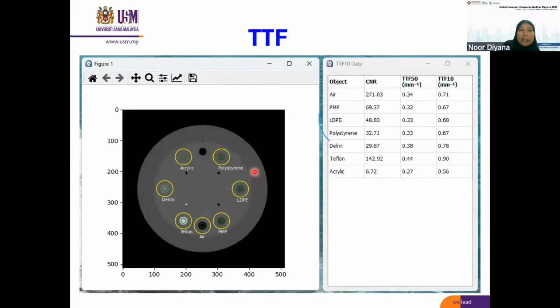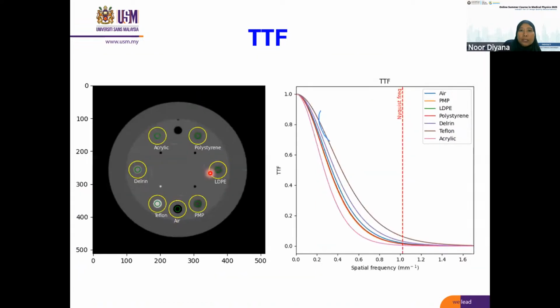This is using the CatPhan 600 phantom. It will give you the value of TTF 50% and 10% for different inserts.